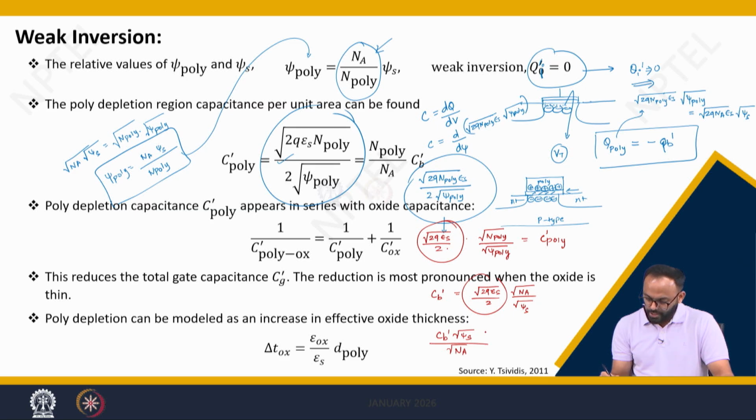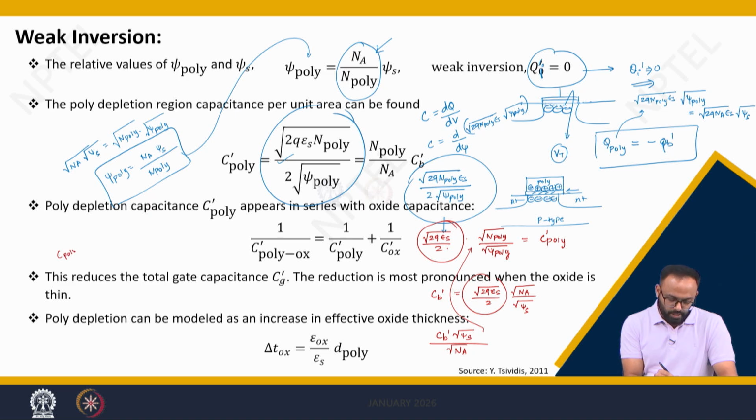You put this equation here and ultimately you will get C poly dash is equal to Cb dash into root psi s by root Na into square root of N poly divided by square root of psi poly.